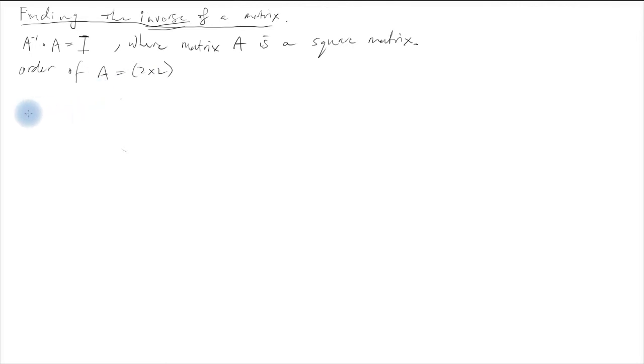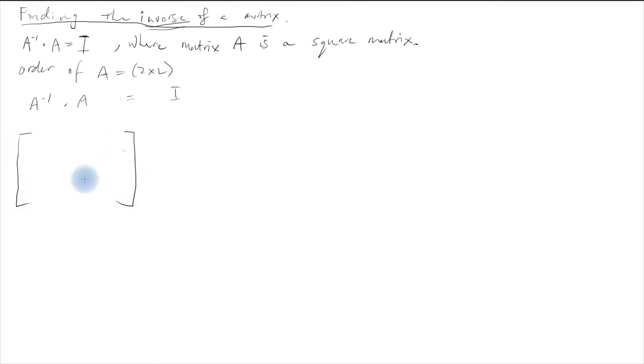Well, we're going to have our inverse matrix here, we're going to multiply that by our original matrix A, and that will have to equal our identity matrix. So let's put that out in this way.